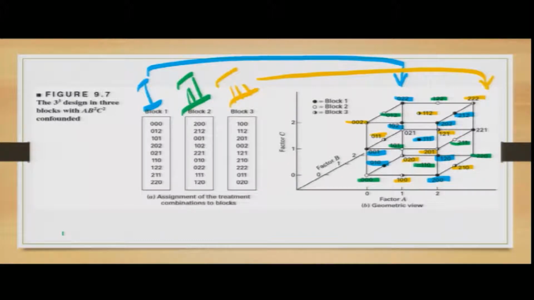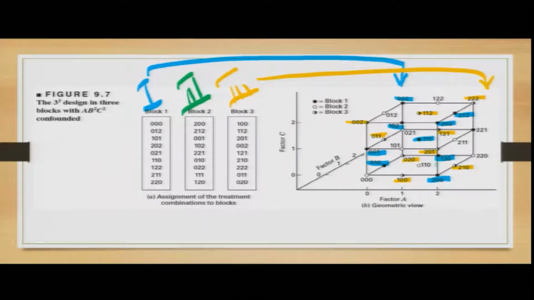So 200. Let me first erase, or else it will get confusing. Okay, now I go to the highlighted green, 200.